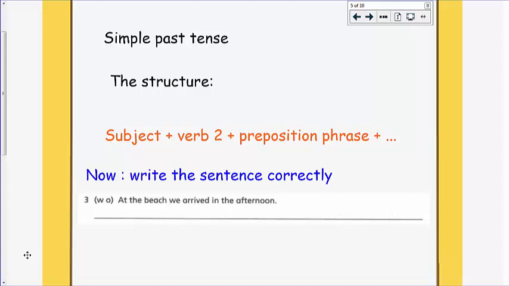These are what we call preposition phrases. So here, you are going to write the sentence correctly. At the beach, we arrived in the afternoon. We arrived, this is the subject and the verb. We arrived at the beach in the afternoon. This is the correct sentence.